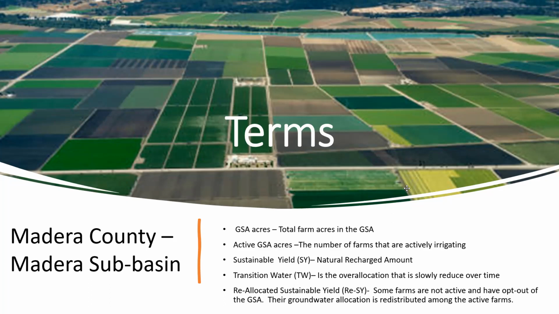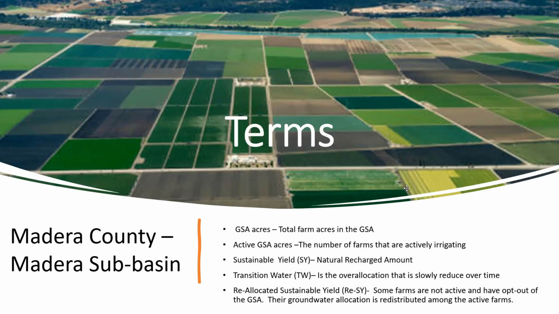It's ratcheted down slowly so that it becomes less and less each year as you go through the period. So it's not waiting until the last day of the 20 years to get sustainable. It's a slow, gradual reduction until you get to zero for the transitional water.